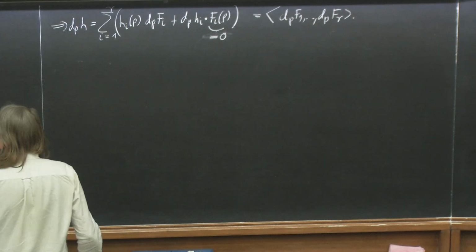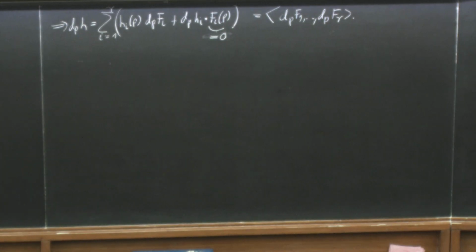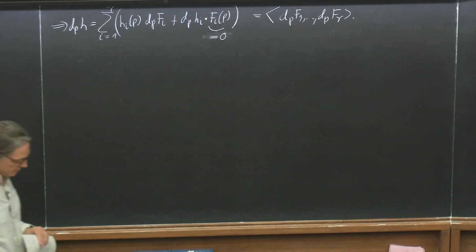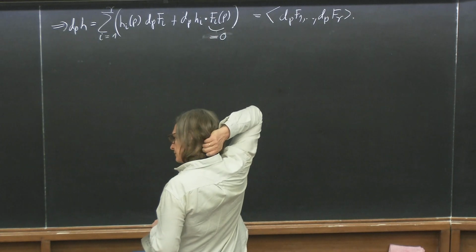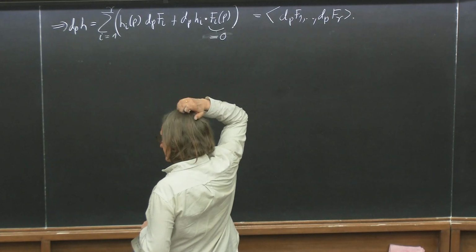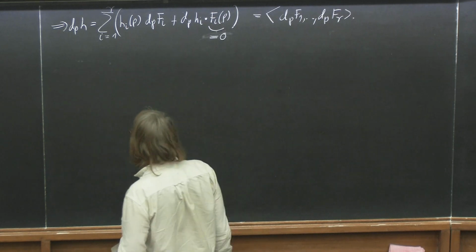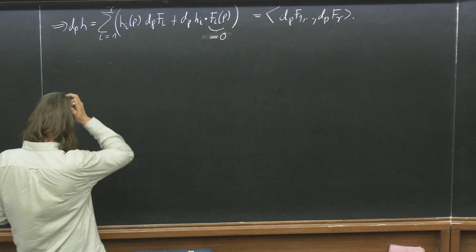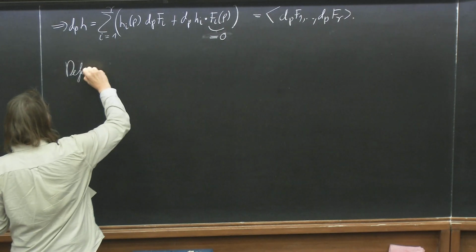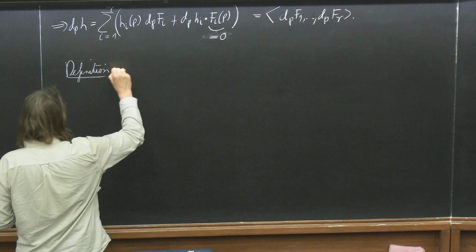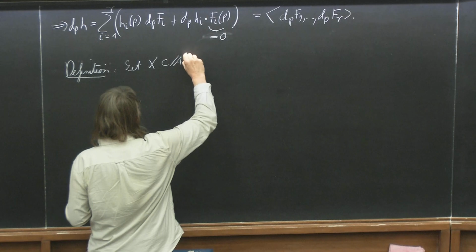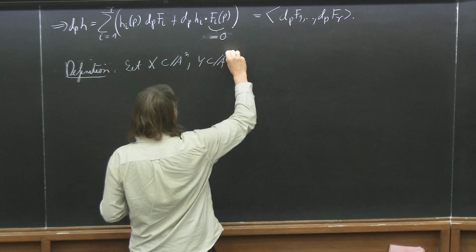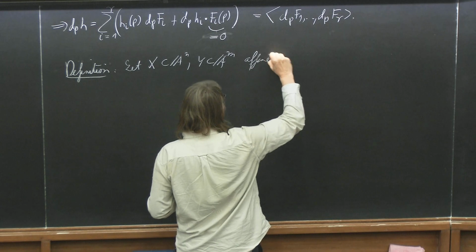So, like in differential geometry, if you have a morphism or polynomial map of affine algebraic sets, you can get the differential of the map, which is in some sense the derivative of this morphism. So definition. Let X in A^N, Y in A^M be affine algebraic sets.